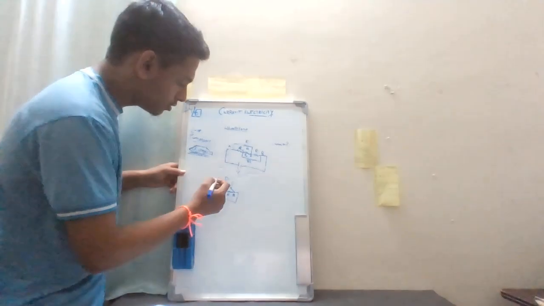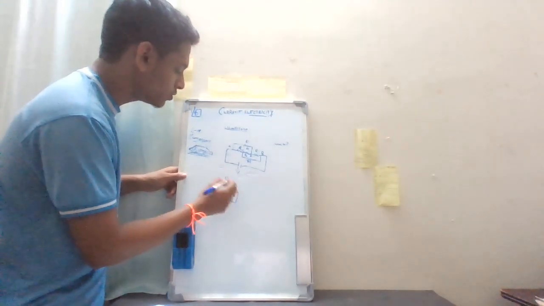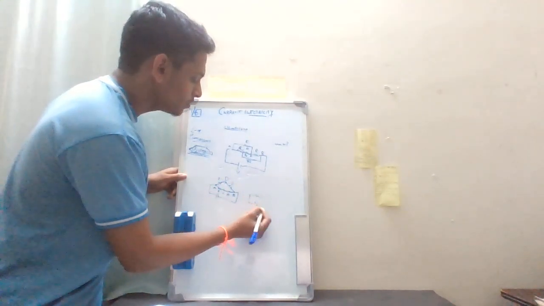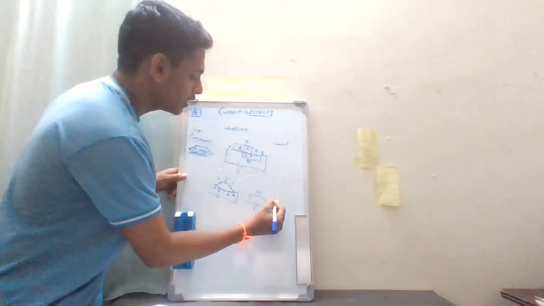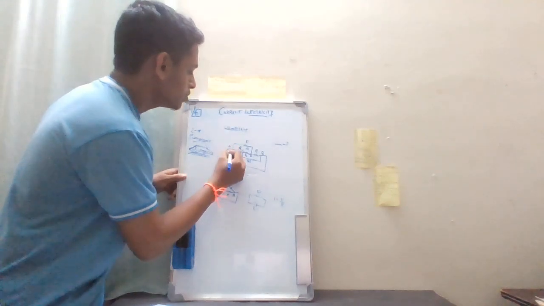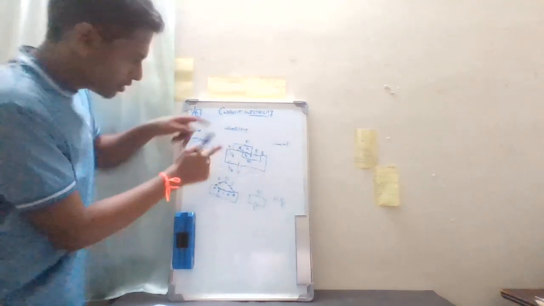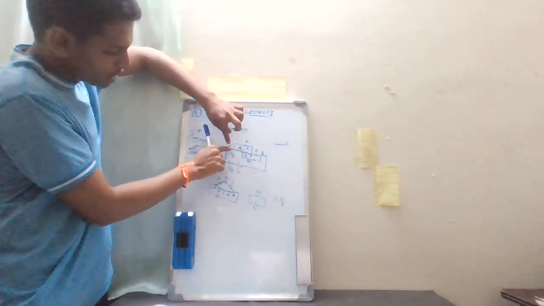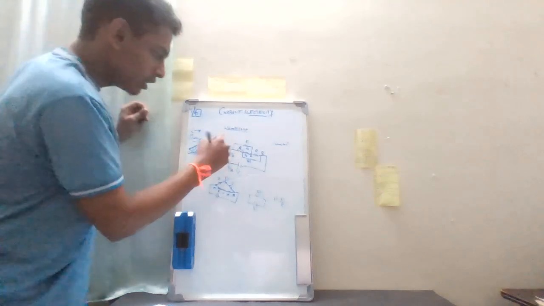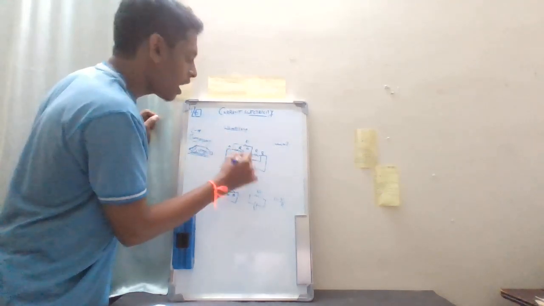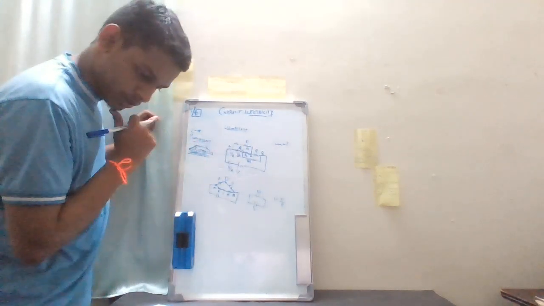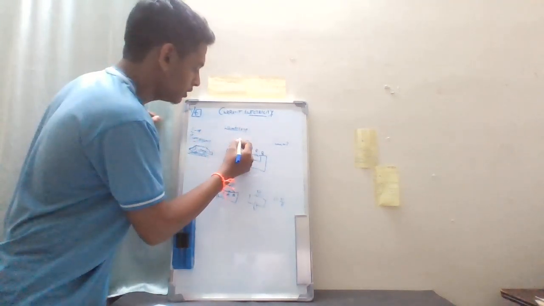Now, the total would be R, this would be 2R, 2R, so the total equivalent resistance would be R, and I equals V by R. So here V by R, here also V by R. Because both resistances are R, by symmetry the current passing through each would be I by 2, that is V by 2R.